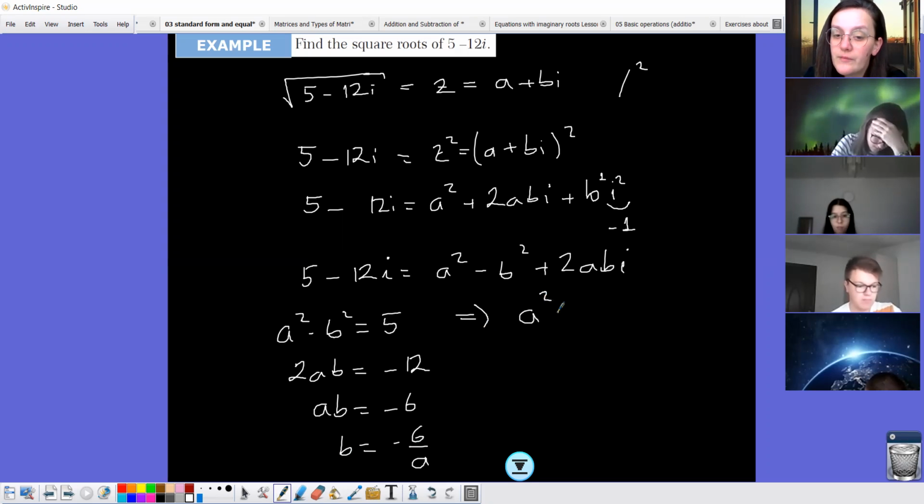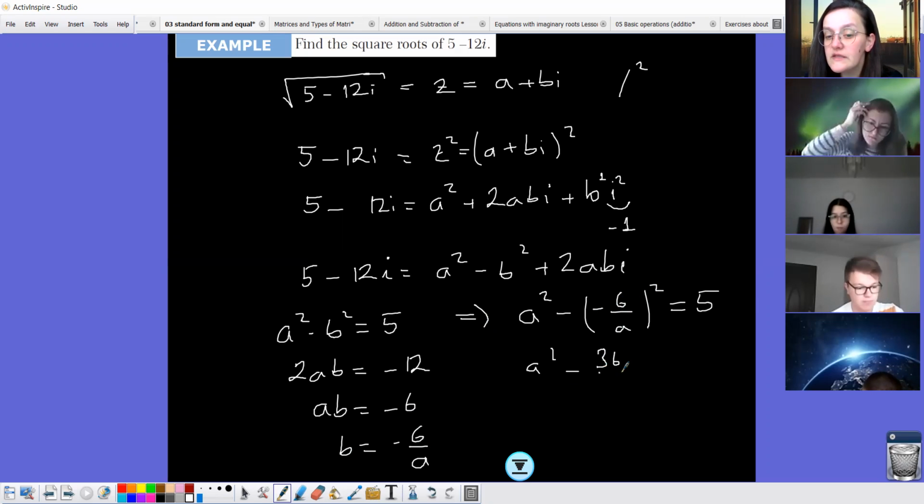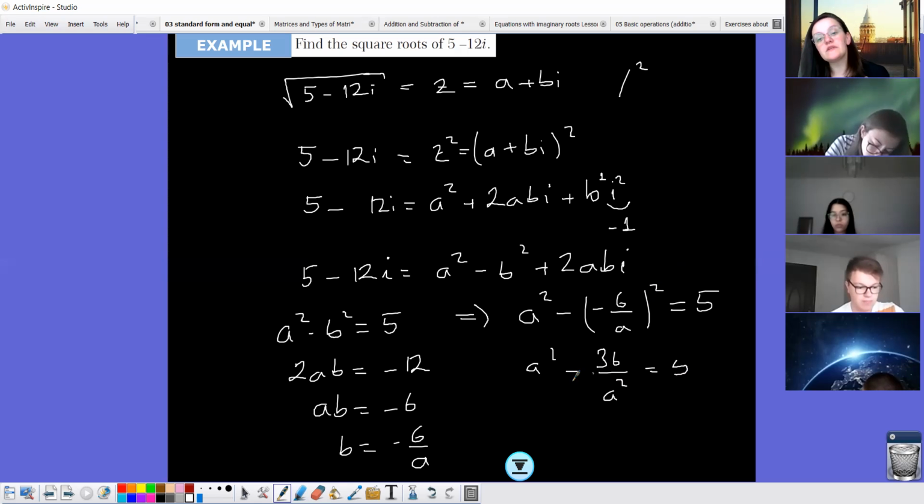So a squared minus (minus 6 over a) squared is equal to 5. The minus sign becomes plus because it is squared, so we have a squared plus 36 over a squared is equal to 5.